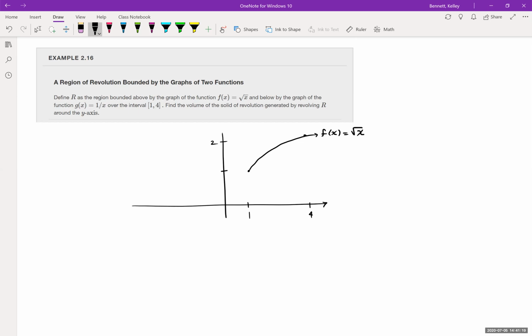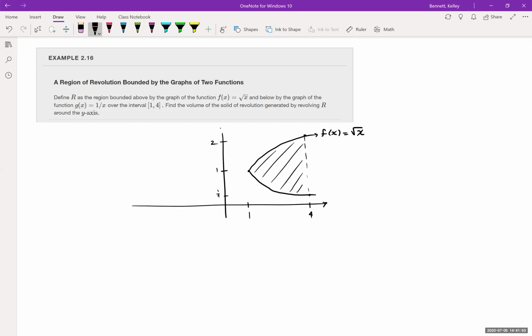And then we also have for g of x, 1 over x, the point 1, 1, and then also the point 4 and 1/4. So this is 1, this is 1/4. So you're going to be down here. They're not both supposed to look parabola-esque, but oh well. So here's my region.